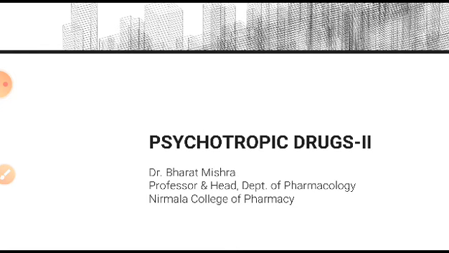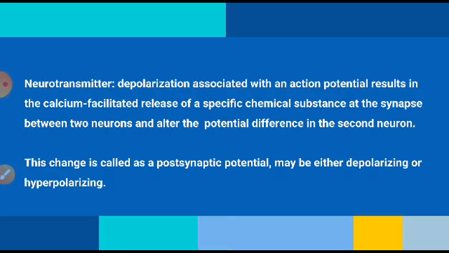Psychotropic drugs, we have to understand how these drugs actually work. In this case, we have to understand very well that most of these drugs work on the functions and physiology of the neurotransmitters in the brain.